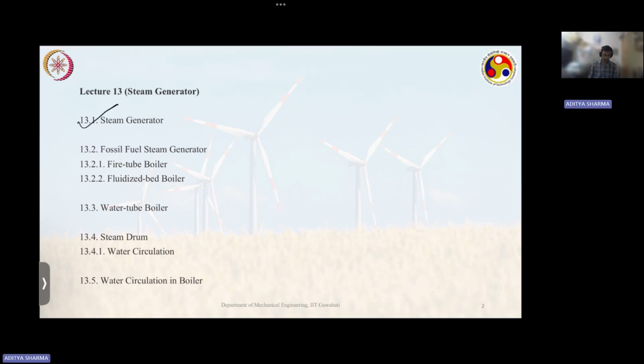So first topic here is your steam generator. So steam generator basically has different components.